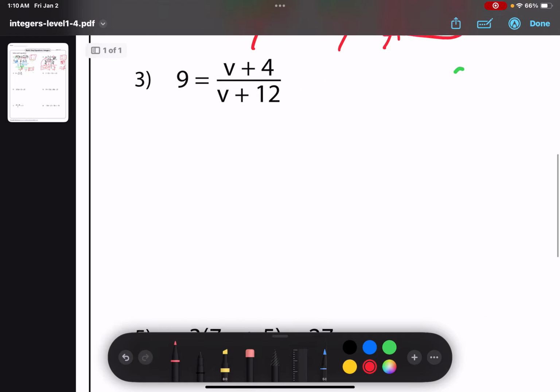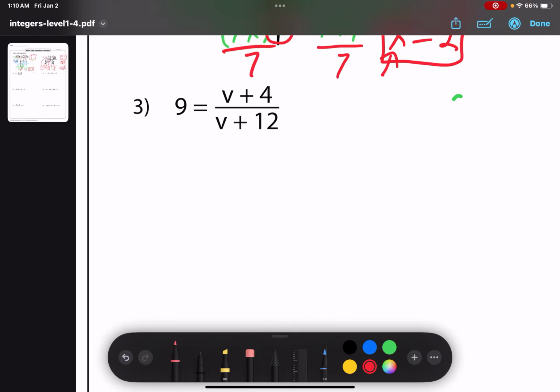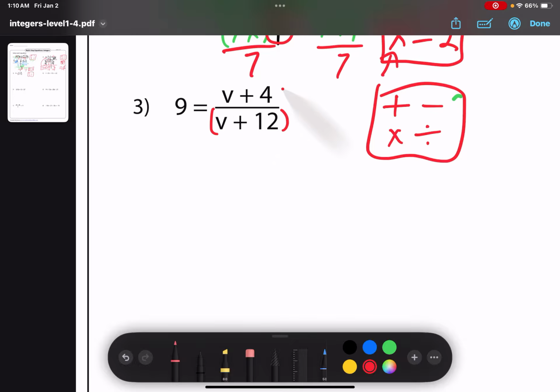Now, I'll do this one due to the fact that this can be a little confusing. When you are looking specifically at this bottom half, this is dividing. Adding, subtracting, multiply, divide. Let's get that box again. This is dividing this.